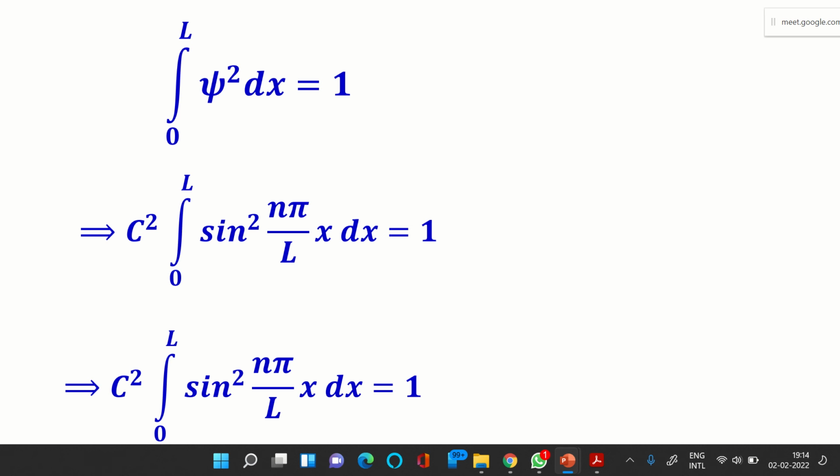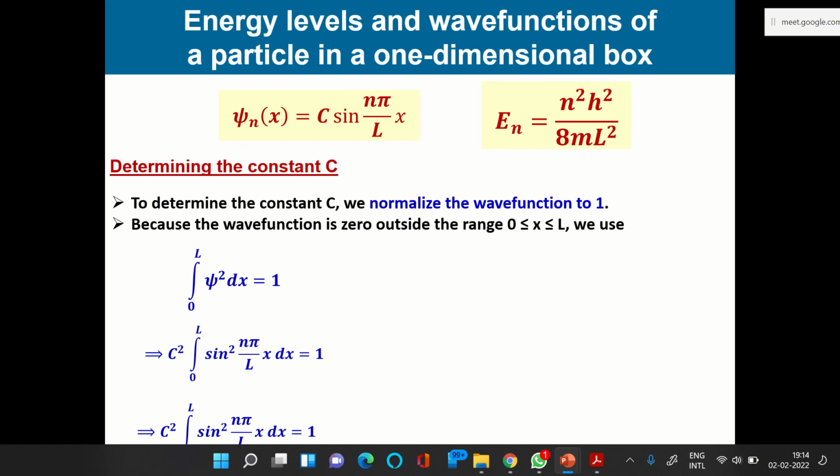So integrate, the integration can be done, and on integration you will get this value, c square L by 2. And so finally you get the value of c, which is under root 2 by L. Okay? Now your wave function is complete.